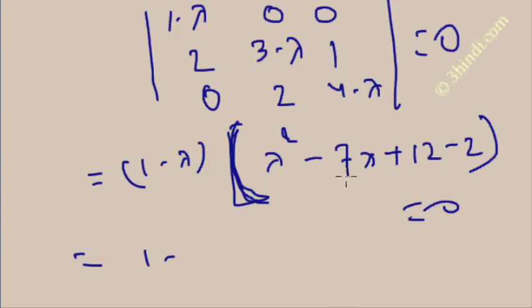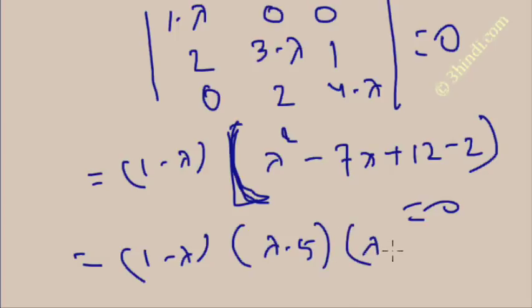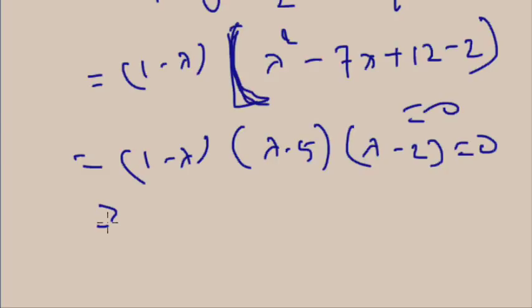You can write minus 7 as minus 5 minus 2. So it will come ultimately as lambda minus 5 and lambda minus 2 equal to 0. This means lambda is equal to 1, 5, 2. So 1, 5, 2 are the eigenvalues.